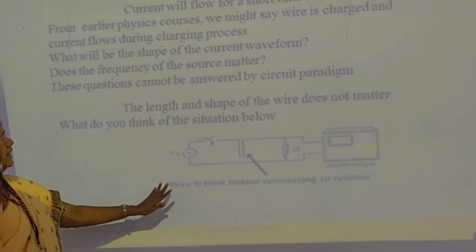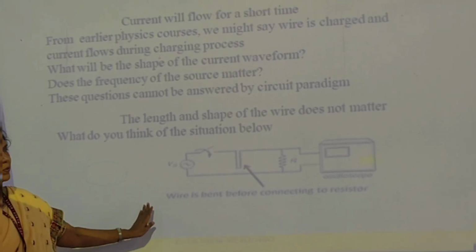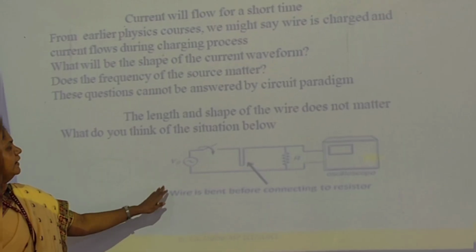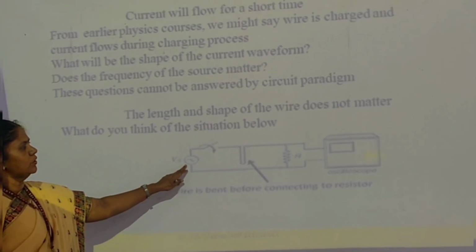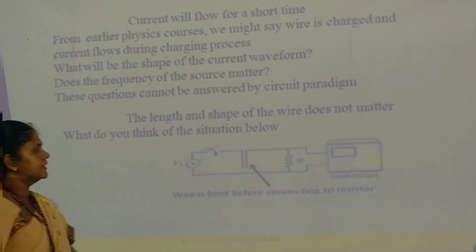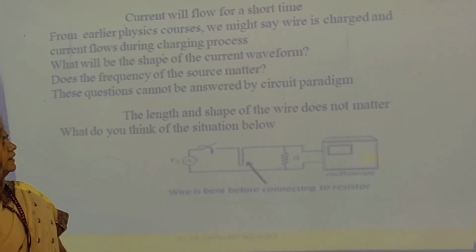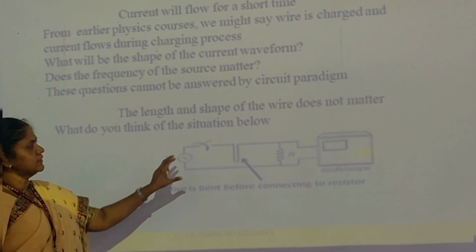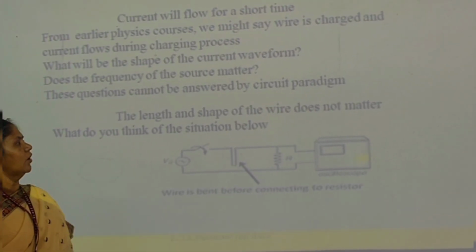As far as circuit theory is concerned, whatever input is at the voltage source will occur at the output oscilloscope. So if it is 5 volts, the output will be 5 volts at the oscilloscope.